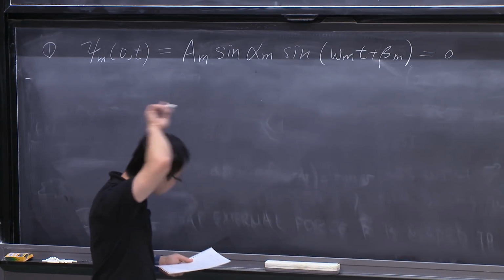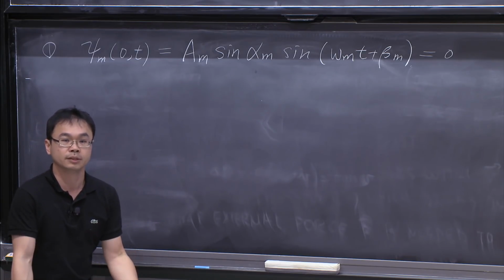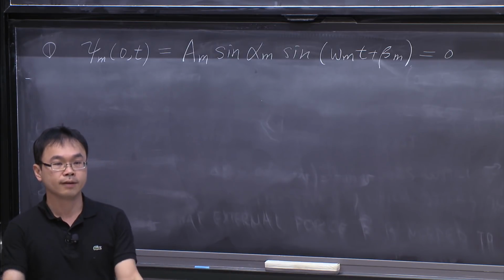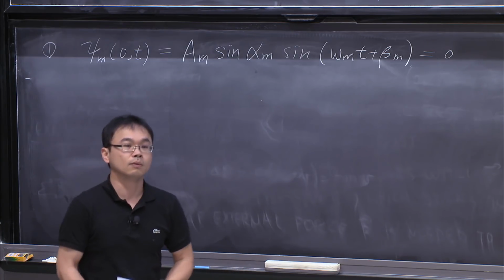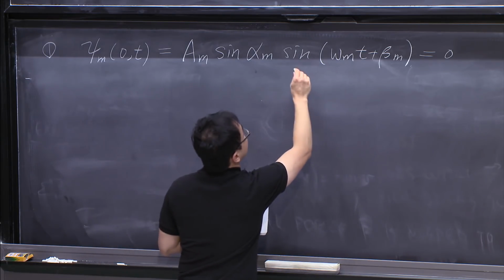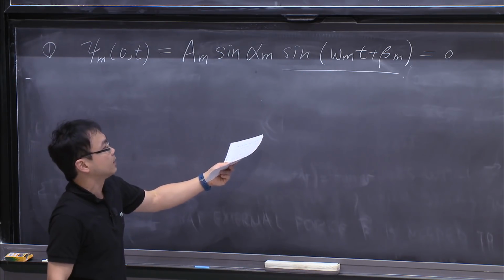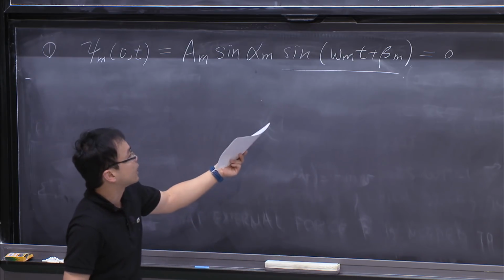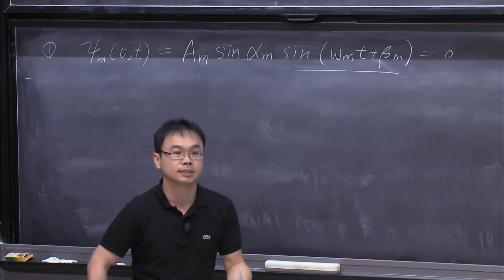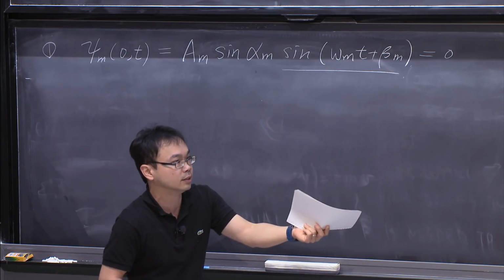Now we are facing a choice. You can set a_n to be equal to 0, it's an arbitrary number. But if you set a_n equal to 0, everything is 0. It's not fun, it's not moving. Therefore, I don't want to set a_n to be equal to 0. And you can say that maybe sin(omega_n t plus beta_n) is equal to 0. But this is a sine function, and this condition has to be satisfied at all times when you revisit this boundary condition.